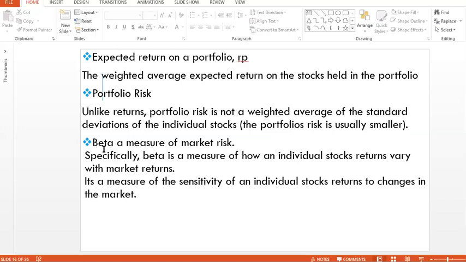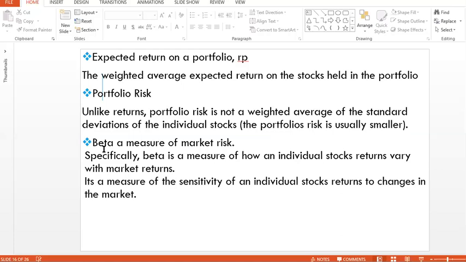What is portfolio risk? Unlike returns, portfolio risk is not a weighted average of the standard deviation of the individual stocks. Portfolio risk is usually smaller because we have different types of stocks in our portfolio, so we can diversify the risk.